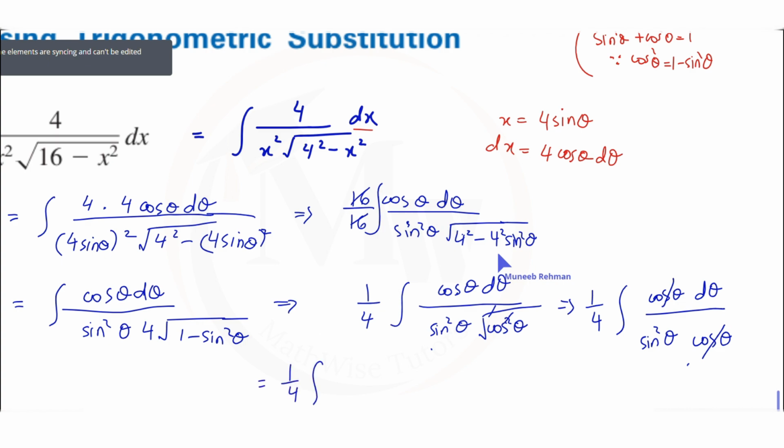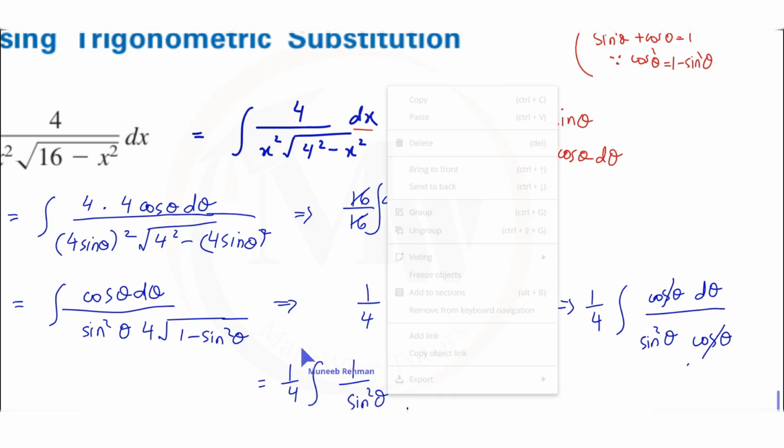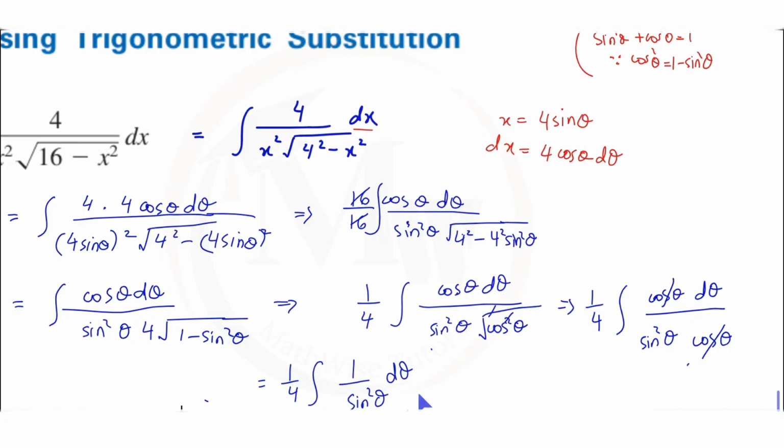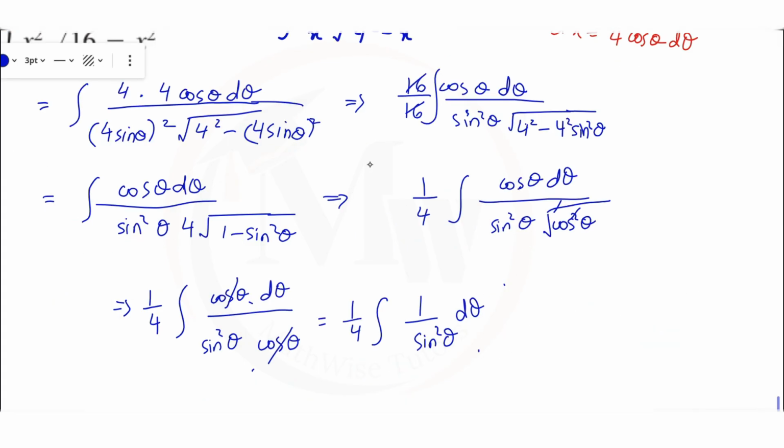Now what can we do here? How can you find the integration of 1 over sine square theta? So 1 over sine square will become cosecant square. So 1 by 4 as it is, and this becomes cosecant square theta d theta.